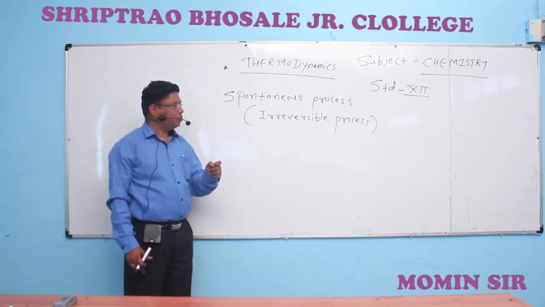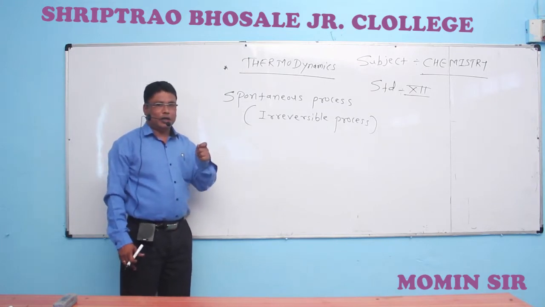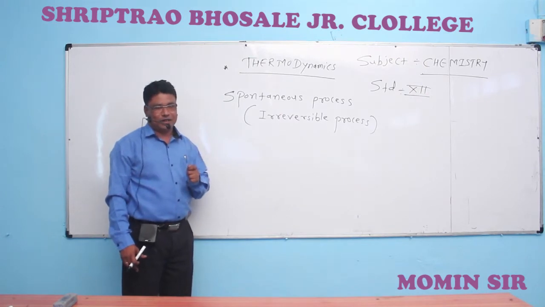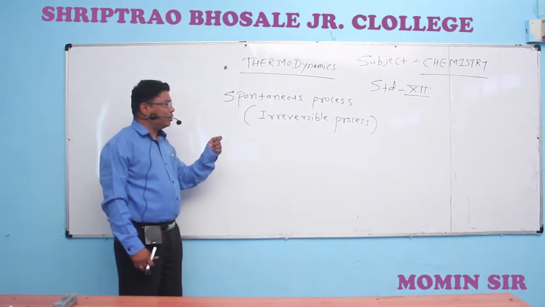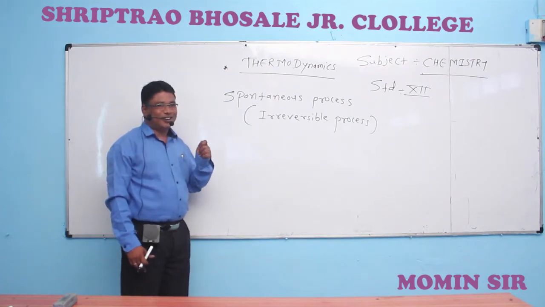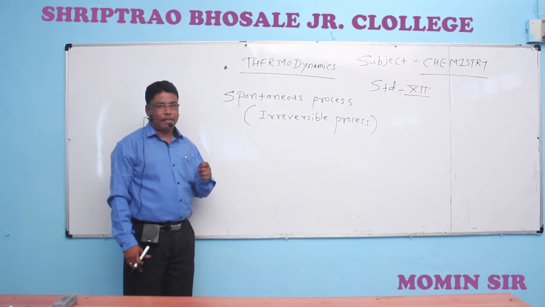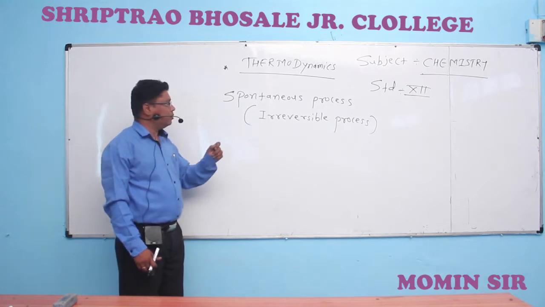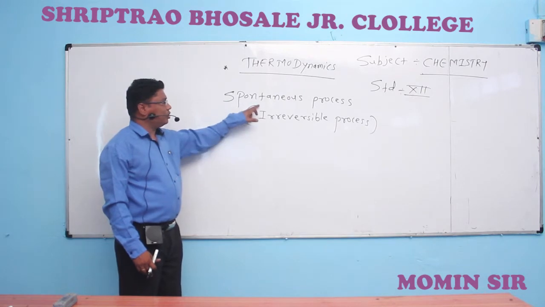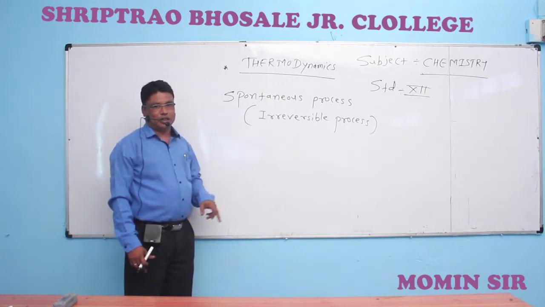You know, in the beginning of this chapter we completed different types of processes. In that we completed reversible process and also irreversible process. But here we are again going to study what is called a spontaneous process.